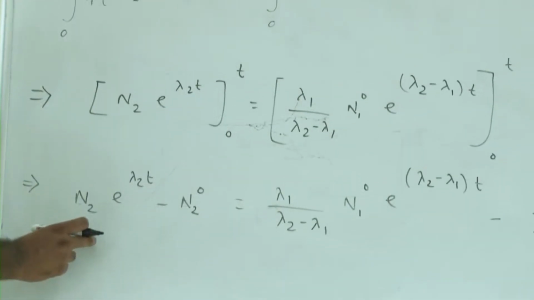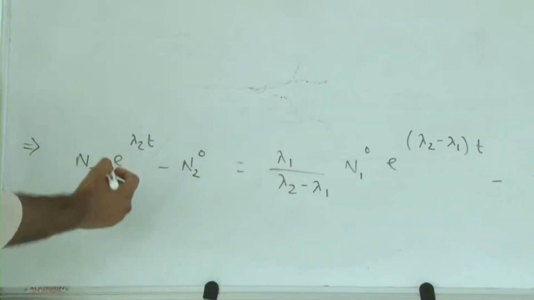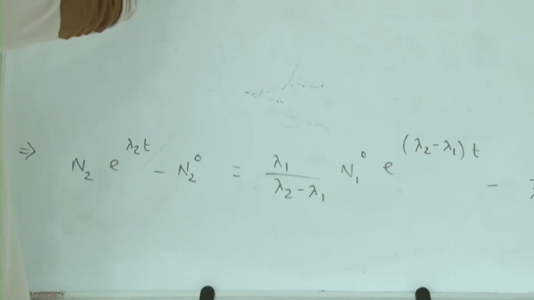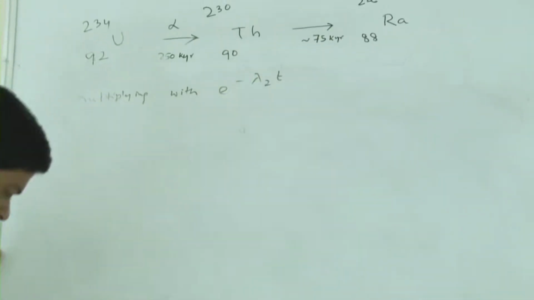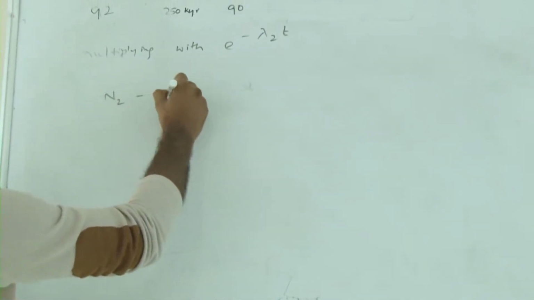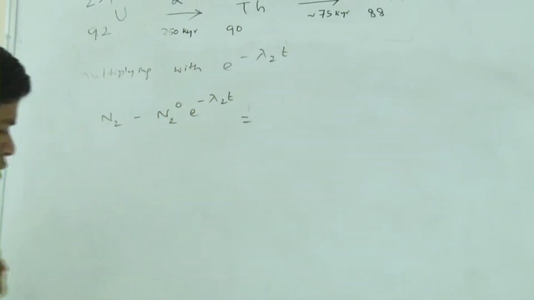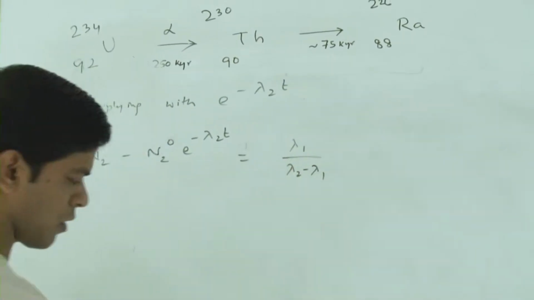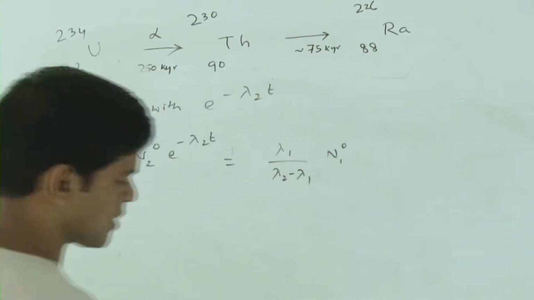Now, we multiply this equation with e to the power minus lambda 2 t, then e to the power lambda 2 t goes out. So, N2 minus N2 0 e to the power minus lambda 2 t will be equal to lambda 1 by (lambda 2 minus lambda 1) N1 0 e to the power minus lambda 2 t.